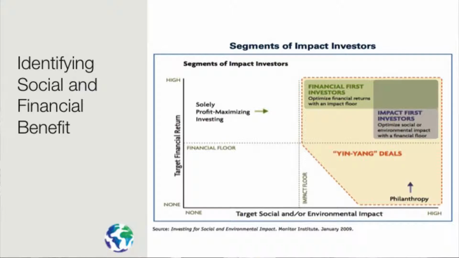But if you're achieving a less than market rate return but a high impact, then you're probably appropriate for an impact investor who would be seen as looking for the impact first before they're looking for a financial return. If you have a high financial return and then afterwards you are also able to claim and show measurable impact, you might be more appropriate for someone who has a much higher financial standard but would be making money available to you because of that impact as well.